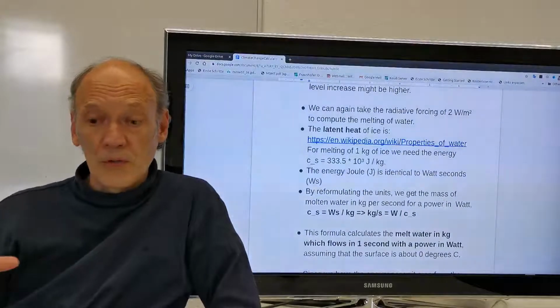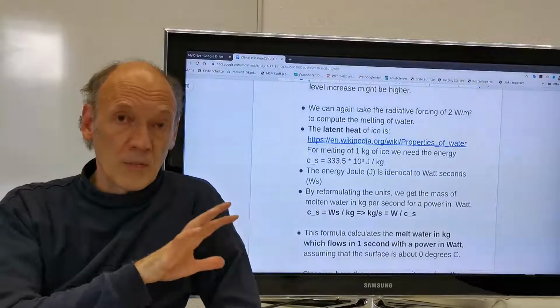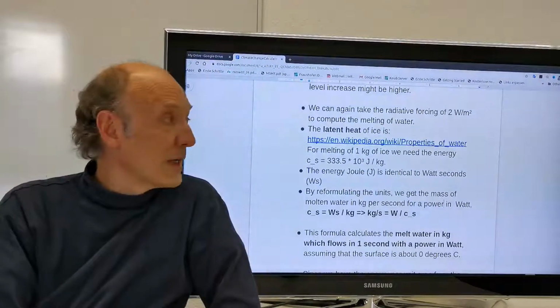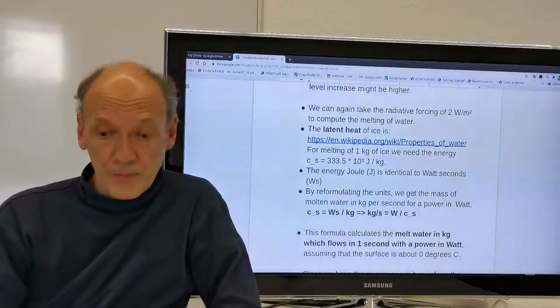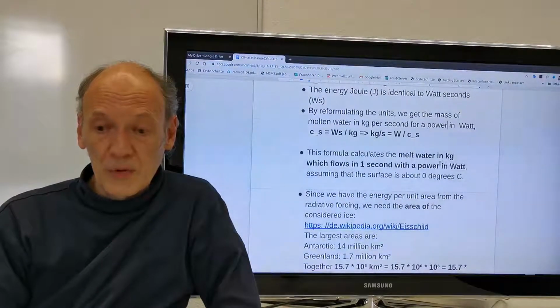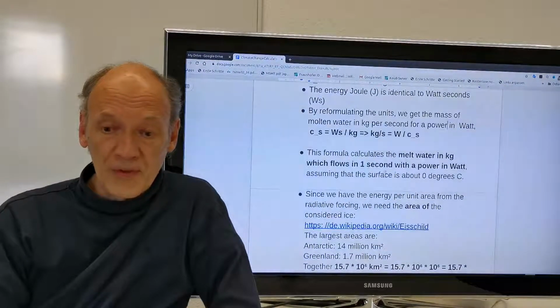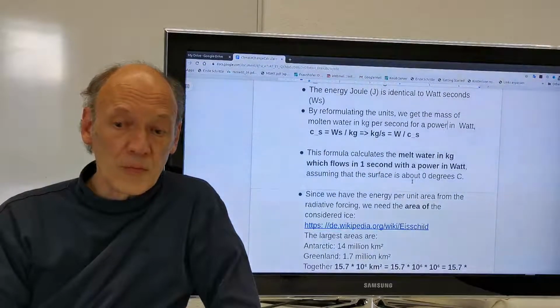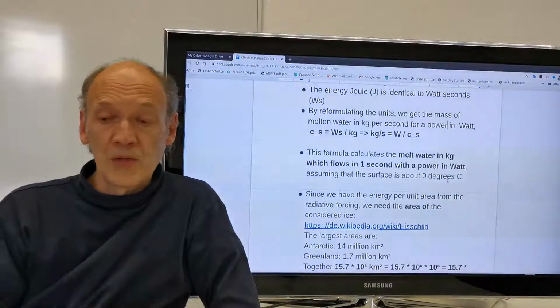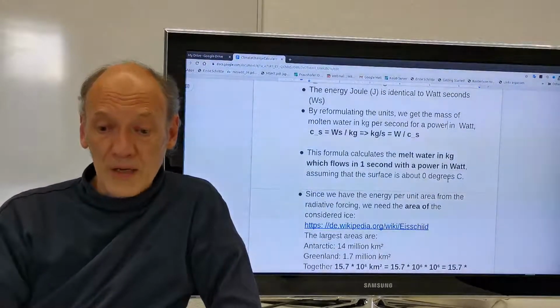So we know if we now take this power, 2 watts, for each square meter, then we can calculate the meltwater. So this formula calculates the meltwater in kilograms which flows in 1 second with a power in watts, assuming that the surface is already at 0 degrees Celsius, so that we don't need extra energy for warming up the ice.